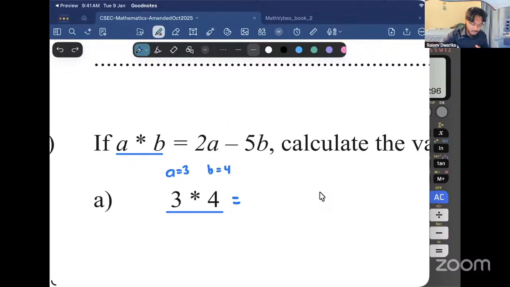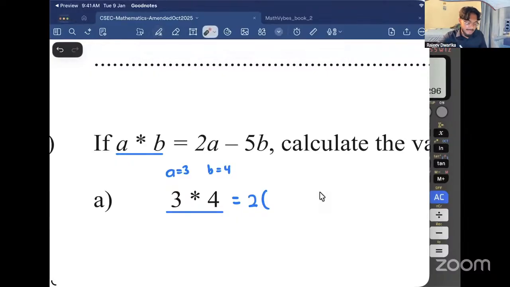So we'll write 2 by A. But in this instance it's not A. What is it? Carla, A and B are just placeholders. A and B could be any number.